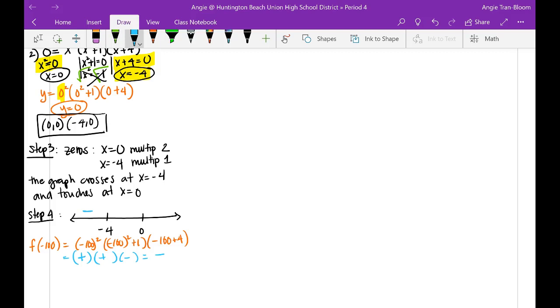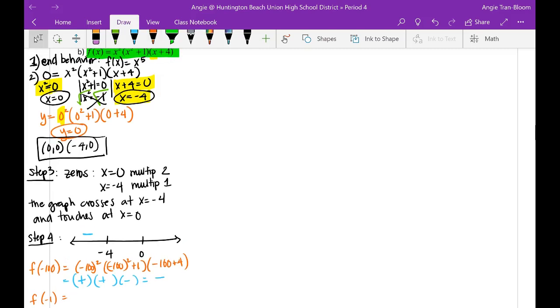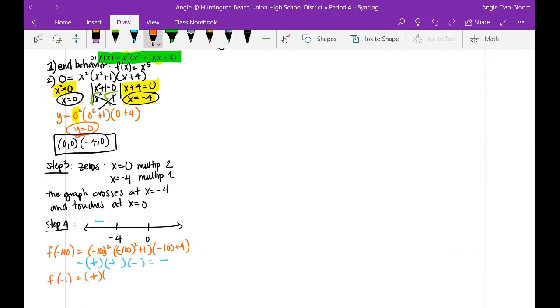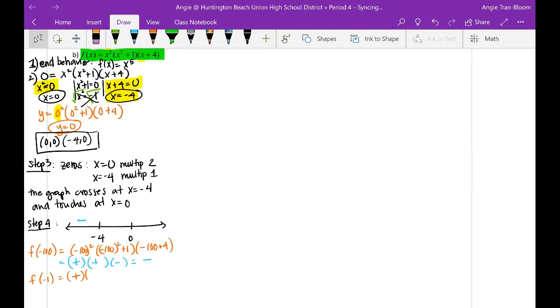Then the next one is I'm going to pick a value in between -4 and 0. So I'm going to pick -1. So I'm going to plug it back in, just like what we did there, right? So -1 square is positive. And if you know it's positive or negative, you don't have to really write down the number. I'm not interested in the actual y value when x is -1.